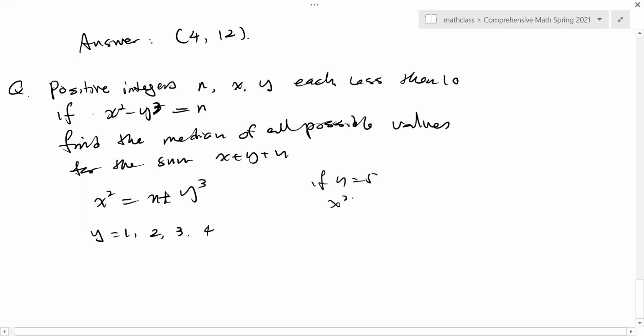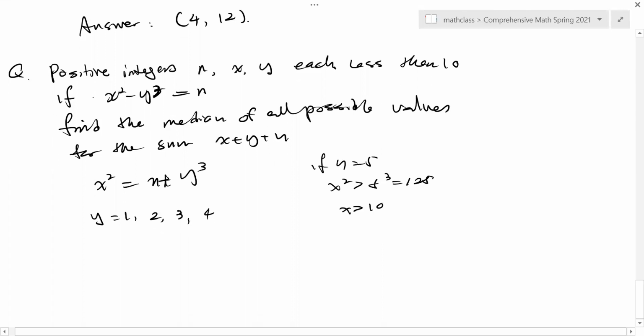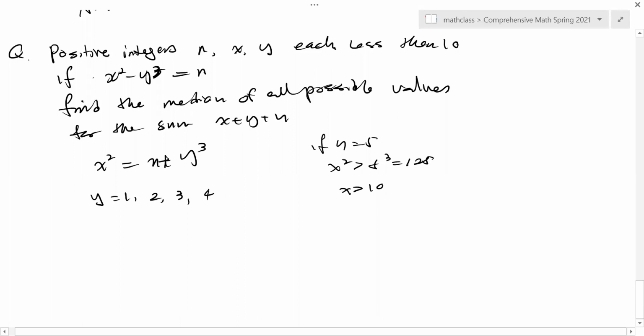X squared should be greater than 125, so x must be greater than 10. So that's already excluded. So you already have a fixed set of possible solutions, and you can try these one by one.